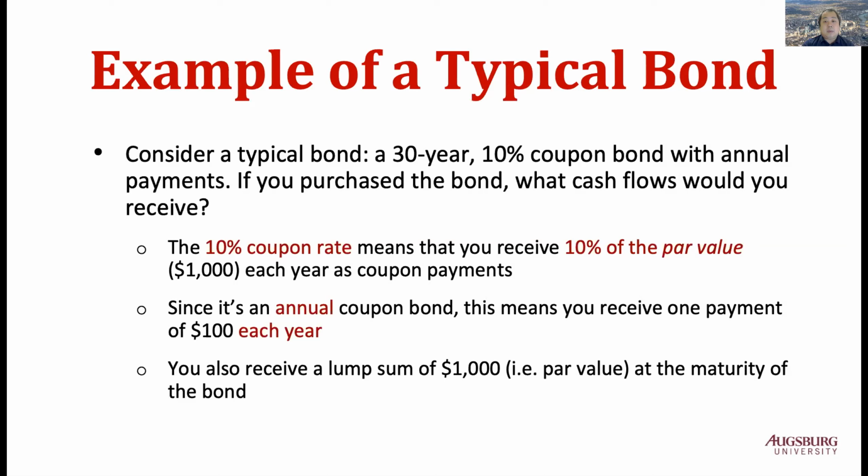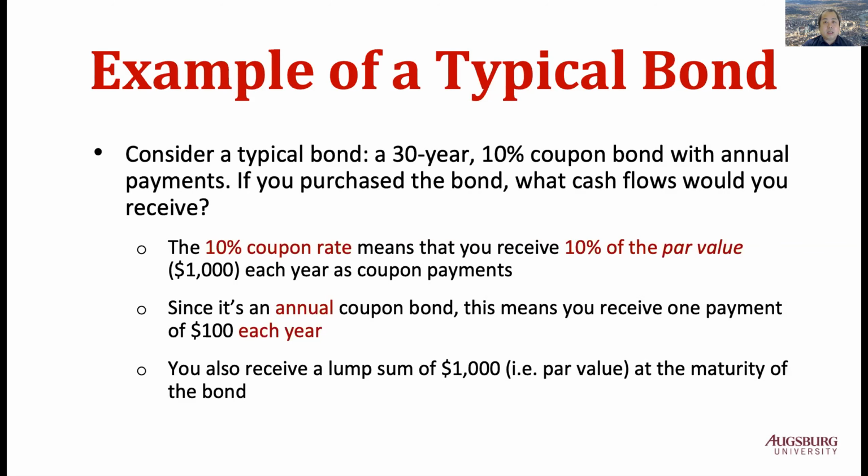This is an example of a typical bond. Suppose a bond is a 30-year, 10% coupon bond with annual payments. What cash flows would you receive? There are two different kinds of cash flows you will receive. The first one is coupon payments.